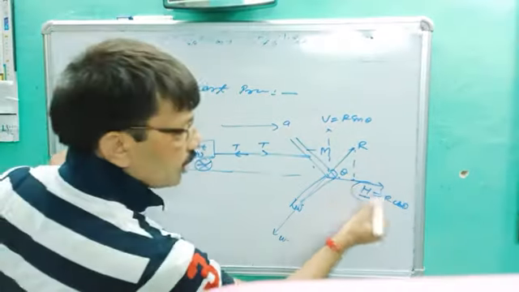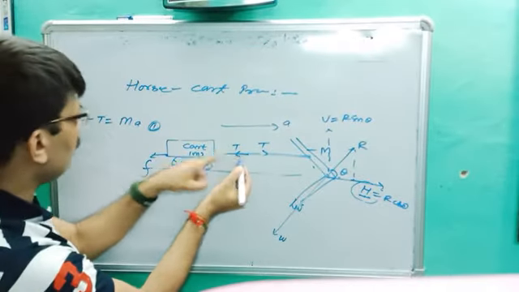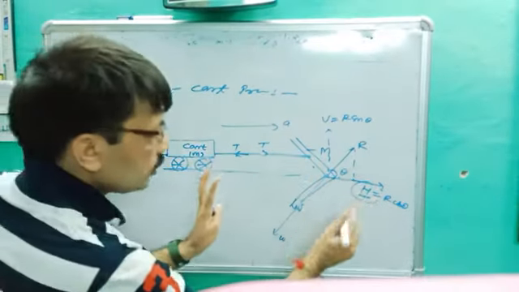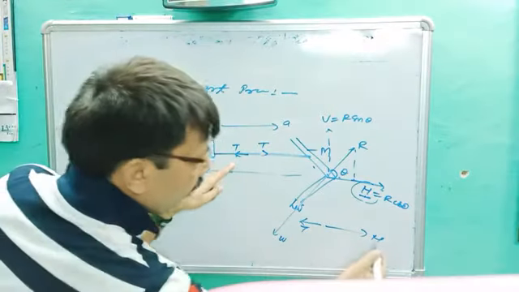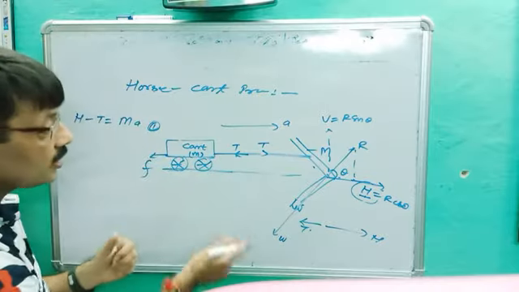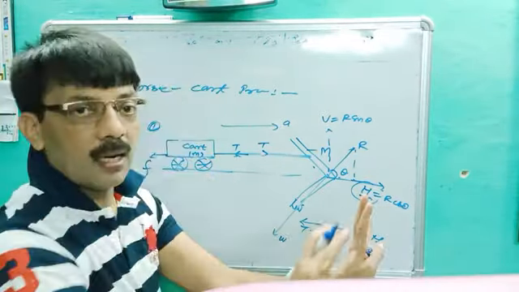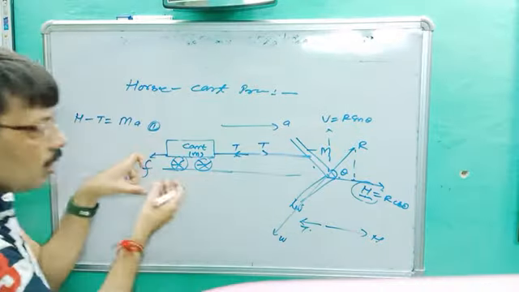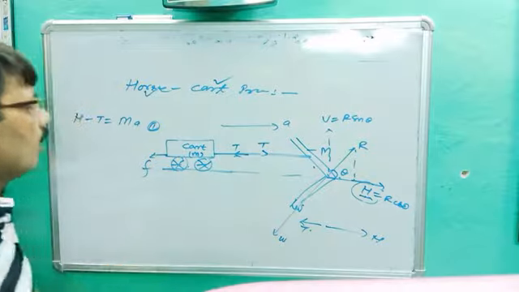Horse is applying force capital H, string is pulling back with tension T. So what is the total force? This is H, this is T. So we will get H minus T. Why H minus T, not T minus H? Because H is greater than T, that's the only way horse can run. Otherwise, if T is greater, cart will pull the horse, which is not possible, because horse is pulling the cart. This is our meaning.